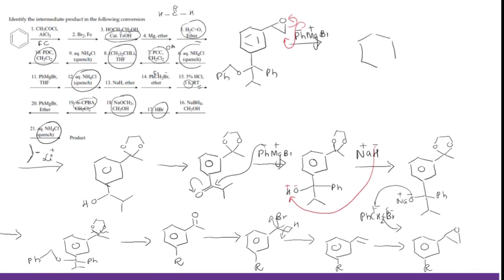So what will be the structure of the product after the last reagent? The OMgBr will become OH, right? The CH2 is attached to phenyl. And what about here? This carbon is attached to phenyl and isopropyl and an ether like this. So this is the final structure of our product.